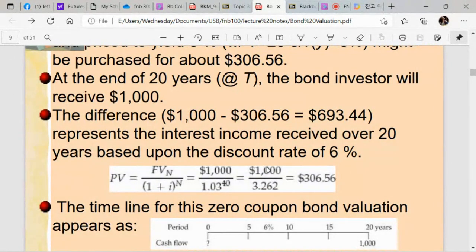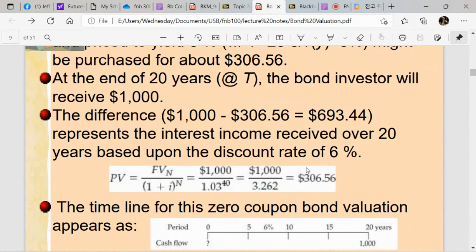Regardless, unless the problem has specified the bond is on an annual cycle, the default is always that bonds are on a semi-annual cycle. In other words, that means half year. Periodic rate is 3%, and then there will be 40 semesters over 20 years. So we discount it this way, then it comes to 306.56.